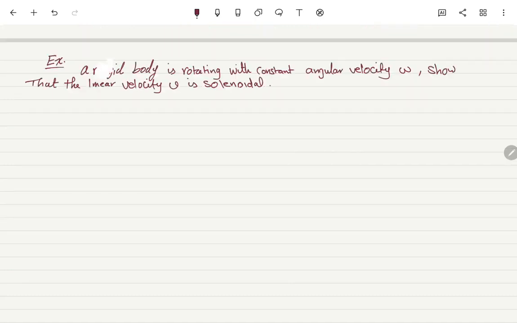A rigid body is rotating with constant angular velocity omega. Show that the linear velocity v is solenoidal. Prove that v equal to omega cross r, in this case here, and open the determinant i, j, k, omega x, omega y, omega z, x, y, z.